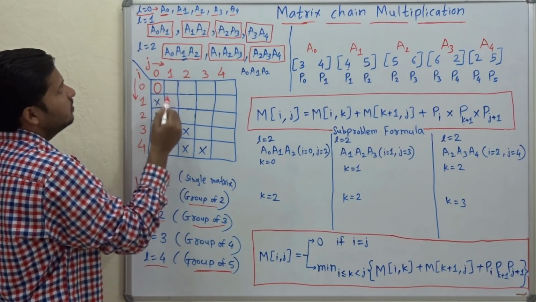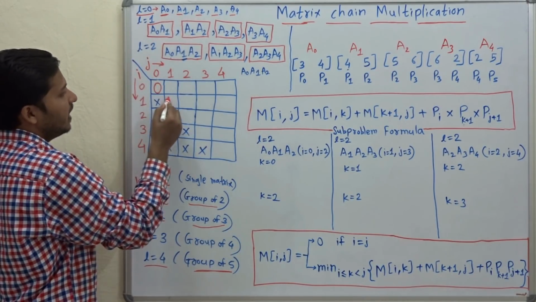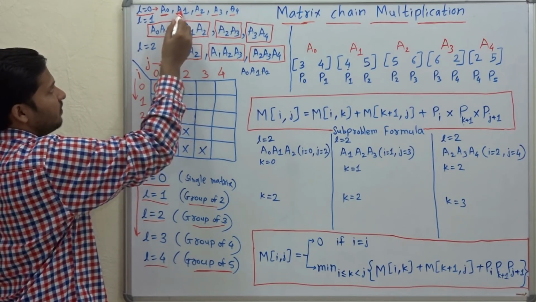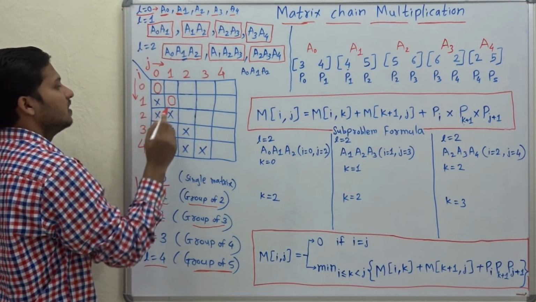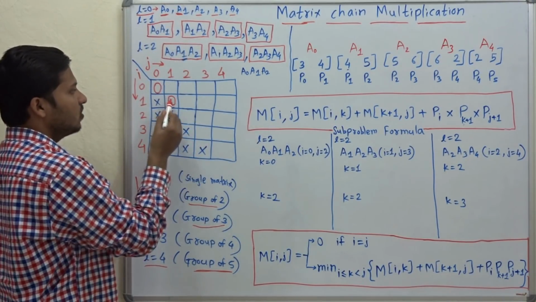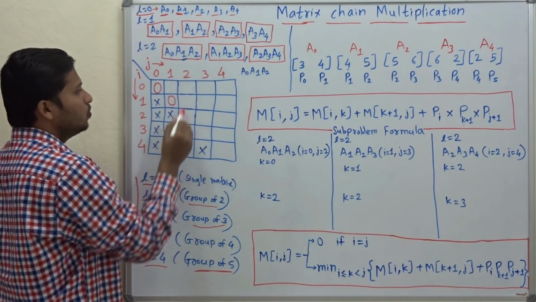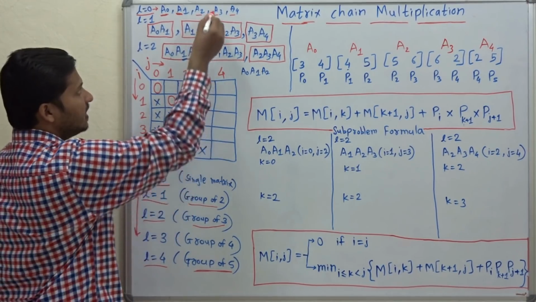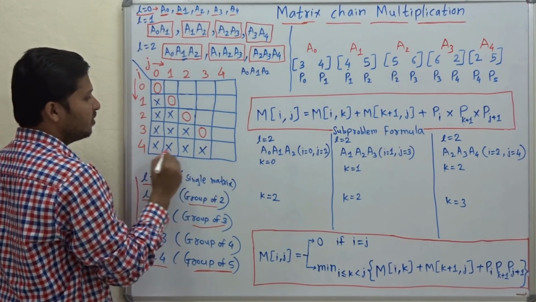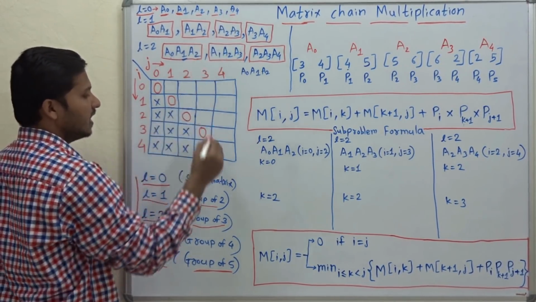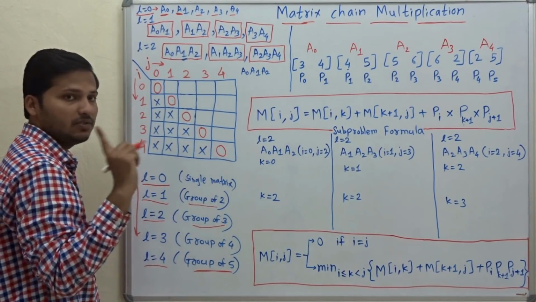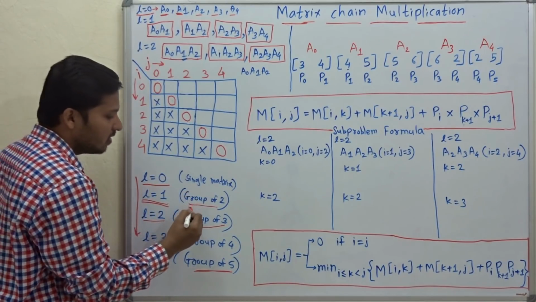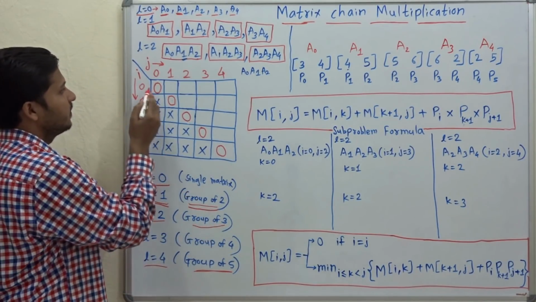So 1, 1 means A1, and again the cost will be 0 because there is only one matrix we have considered, that is A1, and there is no multiplication, so the cost is 0. 2, 2, that is A2, means the cost is 0. 3, 3, that is A3, cost is 0, and similarly for 4, 4, that is A4, the cost is 0.